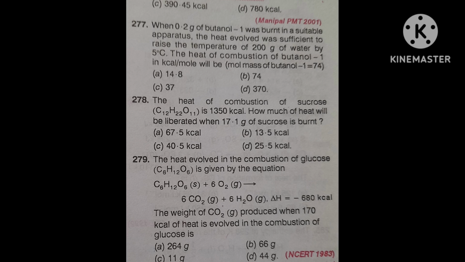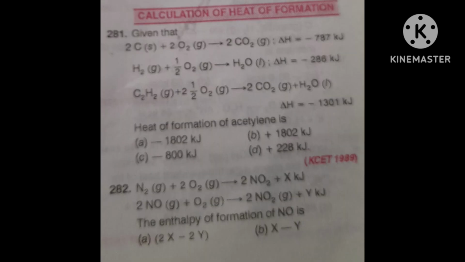Correct? Then you have to calculate for 170 kilocalorie. If only 170 kilocalorie of heat comes out, what will be the carbon dioxide? That you have to calculate. When 680 kilocalorie of heat is evolving, 6 CO2, that is 6 into 44, 264 gram of carbon dioxide is coming out.